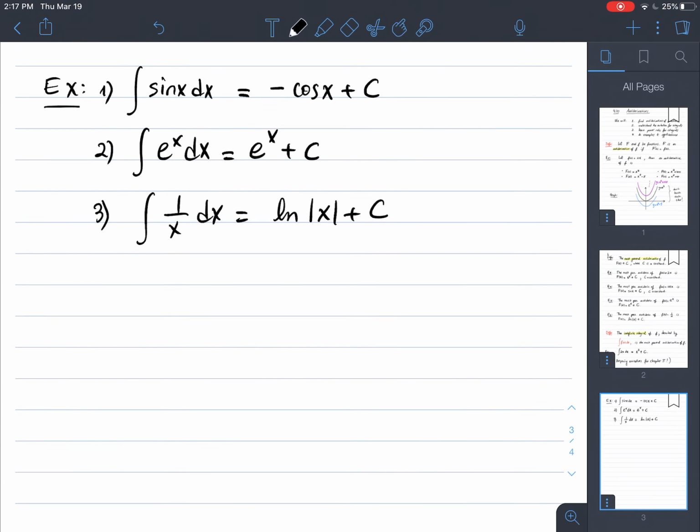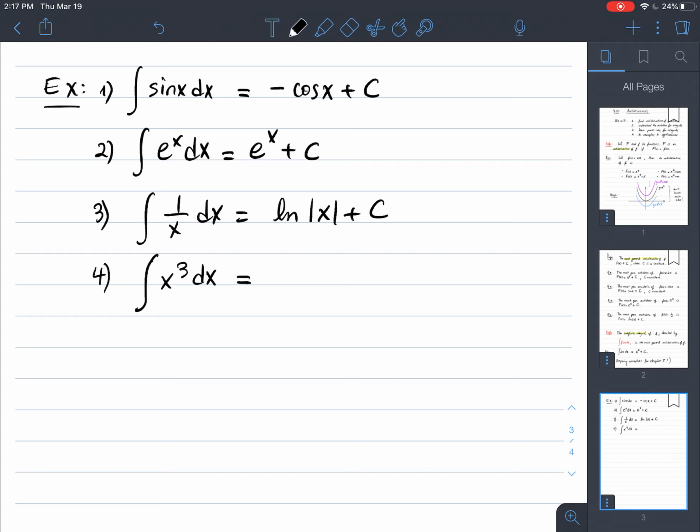All right, now what about a question like this? What about the integral of, let's say, x cubed dx? Now we know that whenever you have a polynomial, the derivative of a polynomial decreases the degree by 1. So now if you integrate, you have to do the opposite because you're finding the antiderivative.